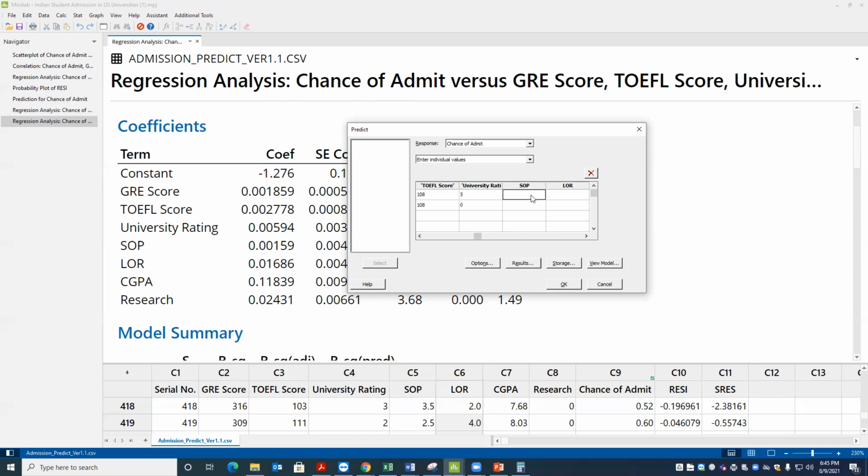Statement of purpose, here 5 out of 5. Here I am putting 0. Letter of recommendation 4.2, same. Everything else I'm putting the same. CGPA is 9.2, and research, both are research university. So I put in the numbers, and now I'm going to estimate.